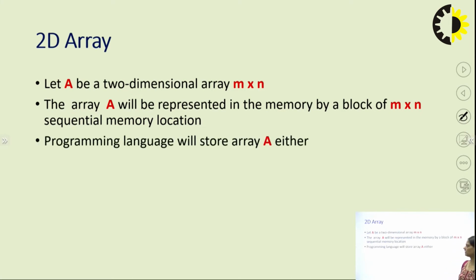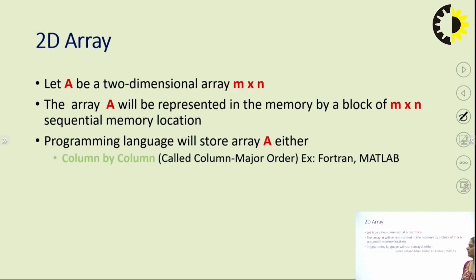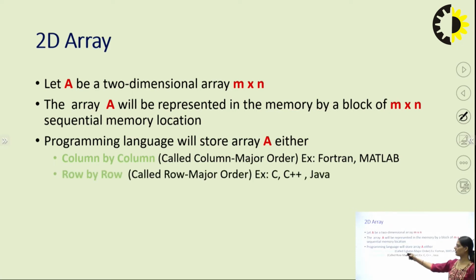So the programming language will store the array A either in column by column form or in row by row form. Column by column means one column is filled, then we go for another column, then another column, and so on. This is called column major order, and row by row is called row major order.